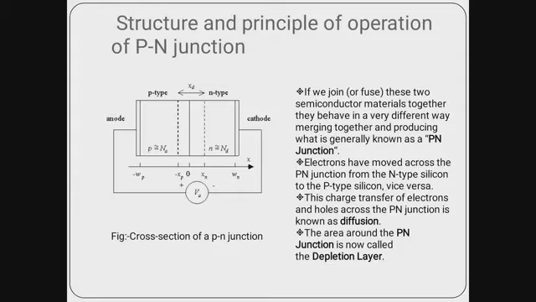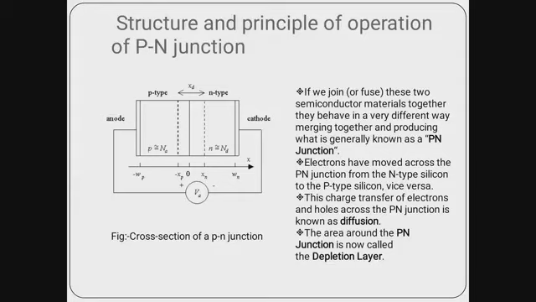This charge transfer of electrons and holes from the n to the p side and from the p to the n side across the PN junction is basically known as the diffusion technique.